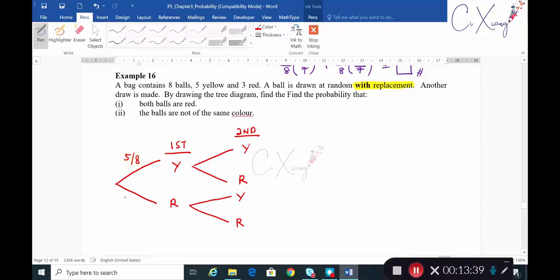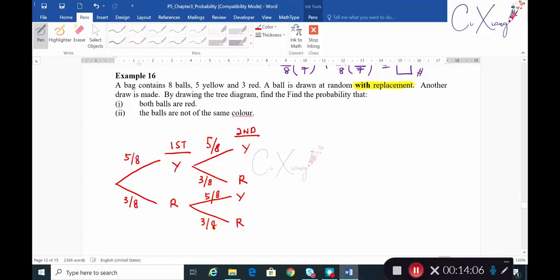To take out the red ball is 3 over 8. And after that, you put back the ball that you got before you take out the second ball. Alright, so that means the probability for the second ball, again, the yellow will still be the same, which is 5 over 8. And for red is 3 over 8. Same thing happens for the other case.